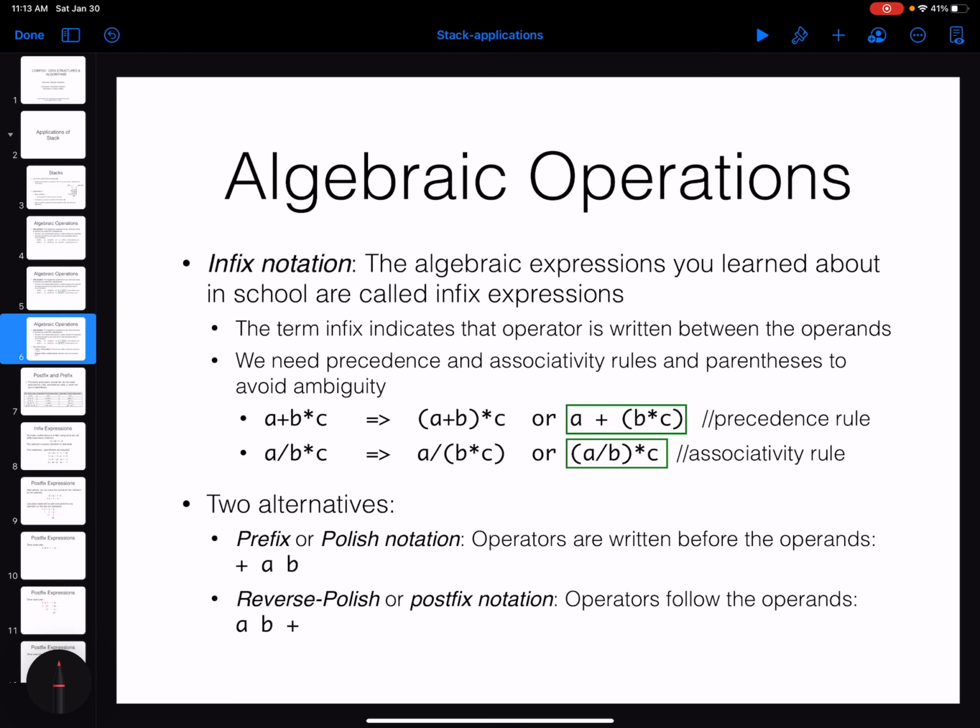So now it's time to introduce two other types of notations that are in fact simpler in terms of removing ambiguity and having parentheses. In fact, these notations don't need any of these. We don't need precedence rules in these notations, because the notation itself applies the precedence rule and the associativity rule, and we don't need to use parentheses when we write them.